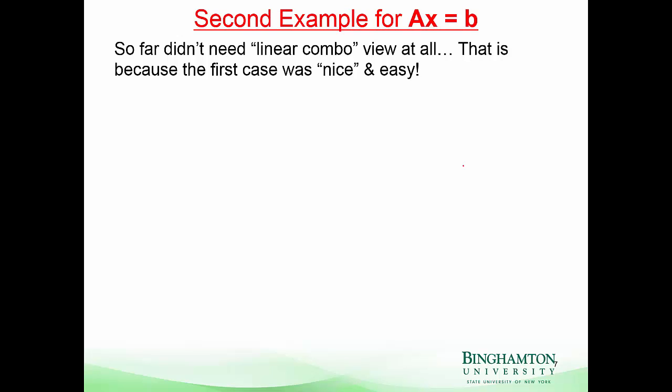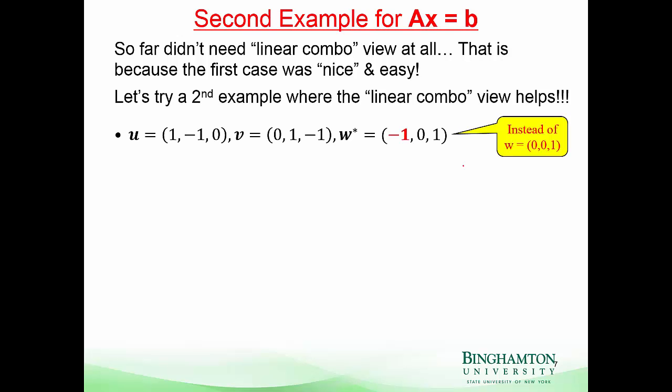So far we didn't really need to focus on the linear combination view at all, but that's mainly because this first example was very simple and it was nice and easy. Let's change our matrix. So we're going to keep the first two columns the same, and we're going to change our third column.